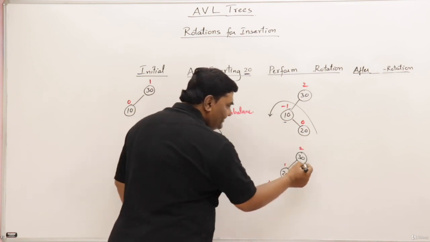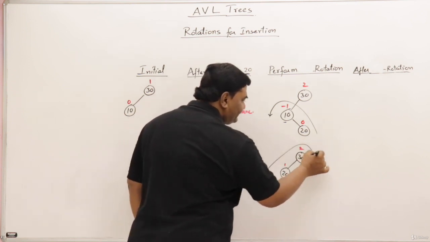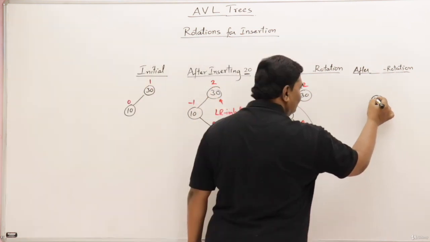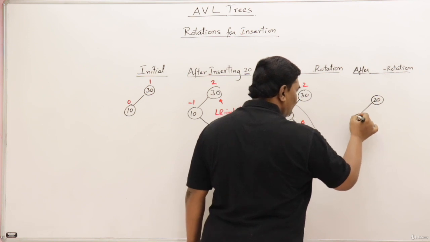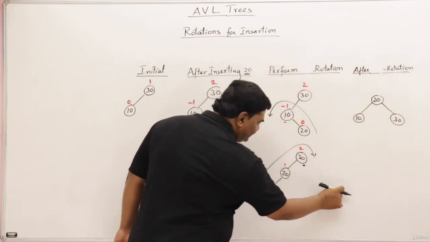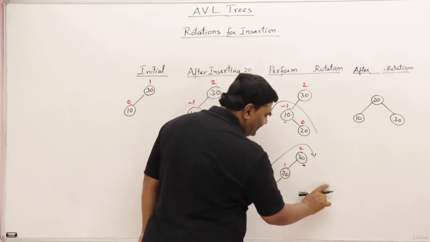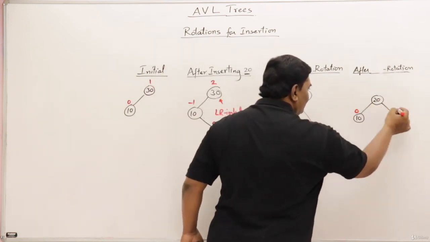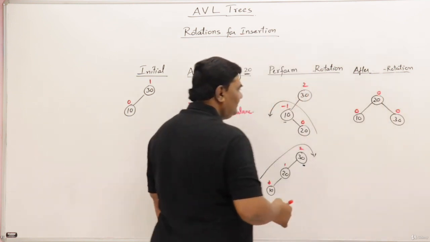Now perform rotation around this node like this. What is the result? Same old result. 20 in the root, 10 and 30. See, pull 30 on this side. So 20 will move up, 30 will come down and 10 also will move up. The balance factors are 0, 0, 0.